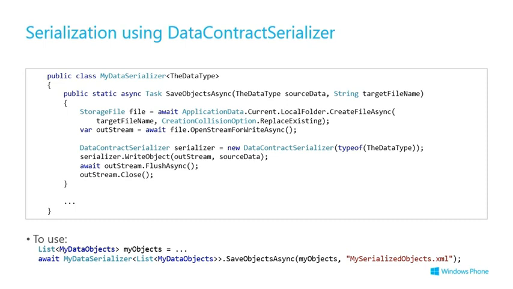We start off with a storage file with the await, like we talked about before, and then we open the stream to write, and we use the data contract serializer, and we pass in the data type, because it needs to know that to properly serialize it to the proper format, and then we just write out the object.